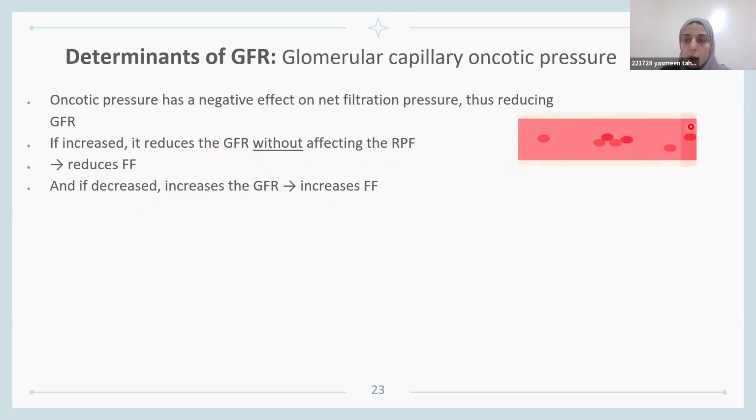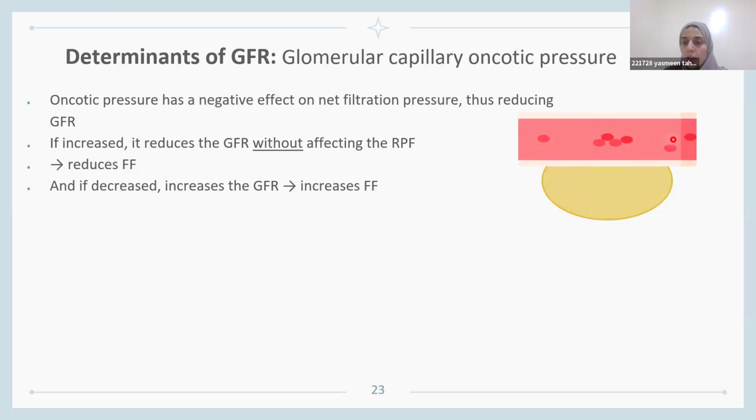Let's assume that this is a glomerular capillary and it's filtering into Bowman's capsule. We mentioned many times by now that proteins are not filtered. So here, at the beginning, we filtered some fluid, but the protein stayed. Here we filtered even more fluid, protein stayed.